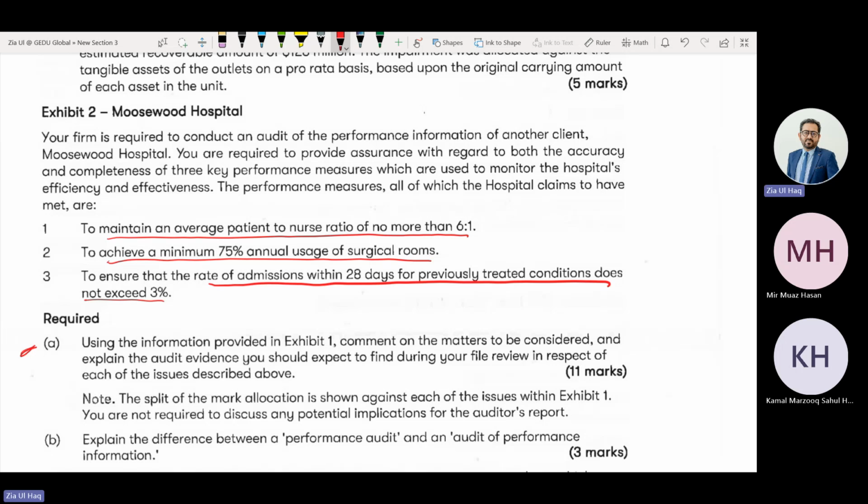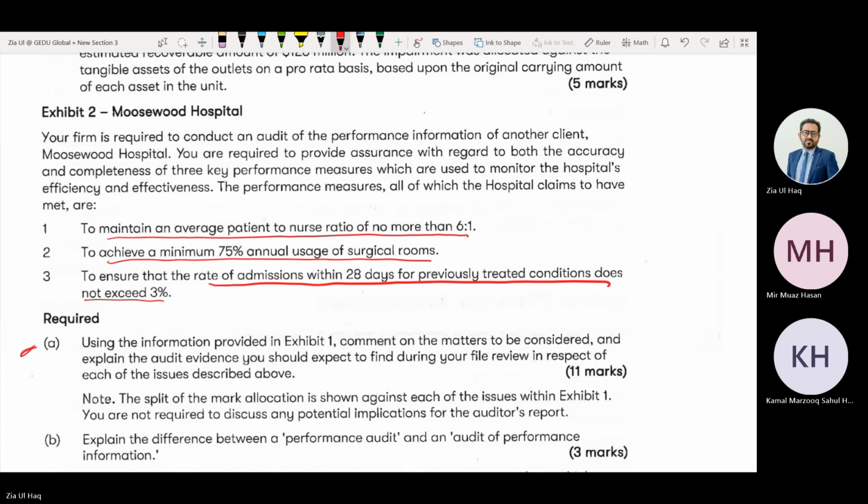It means what percentage of patients are coming again within 28 days. We can compare the current patient records with the past 28 days of patient records to verify how many patients are coming again, to calculate the ratio.